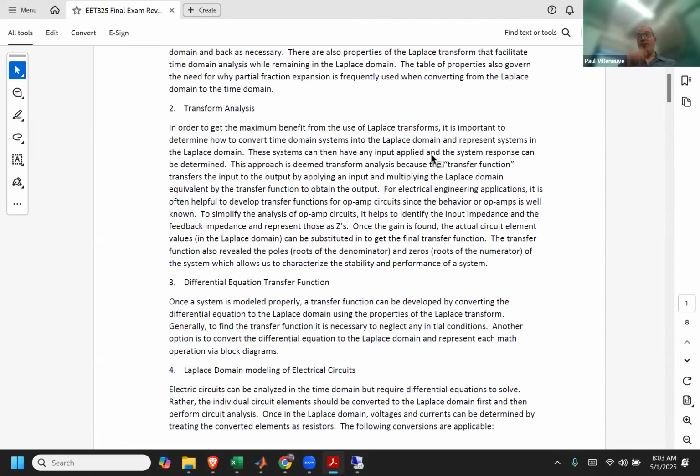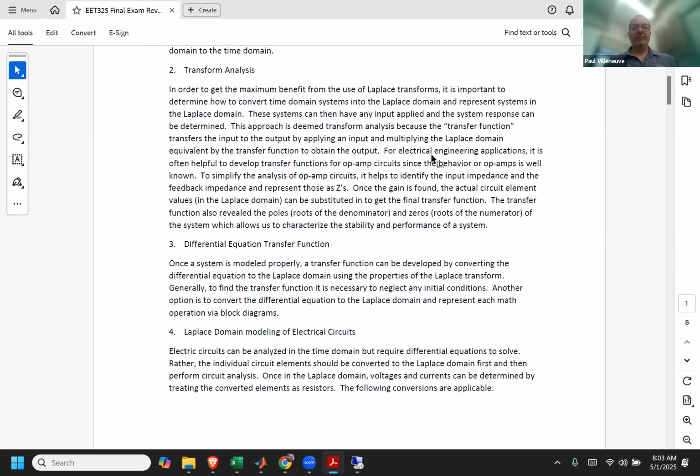So instead of talking about resistors, we went to impedances, because we can be very generic. Impedances apply for DC circuits or AC circuits. That's the really nice thing about Laplace. So we generalized and called them Z's. Go ahead, calculate the gain of your system, calculate the Laplace transform of the system, and then you can calculate whatever values you need.